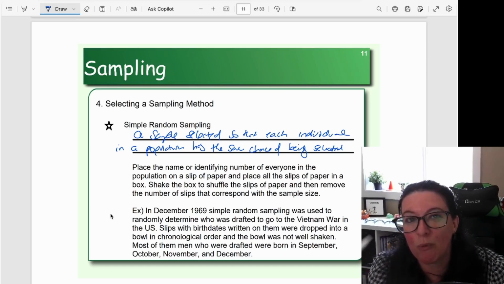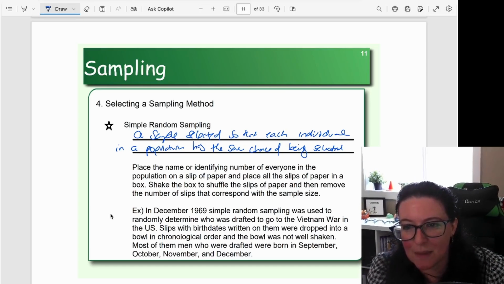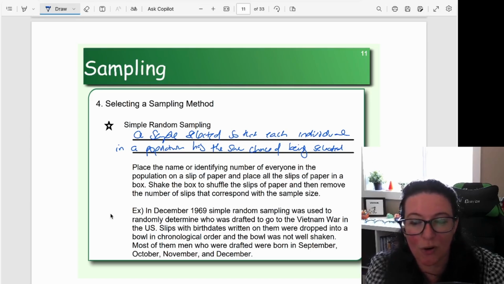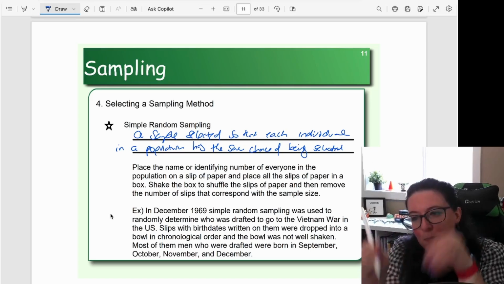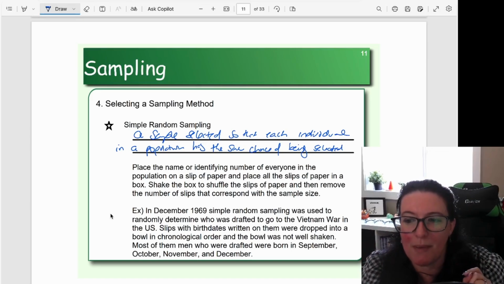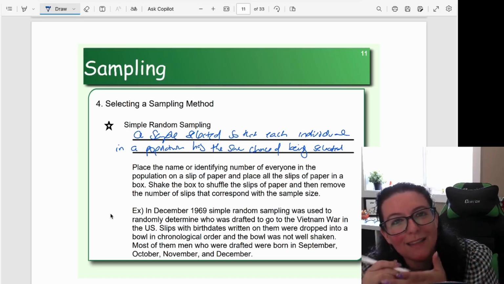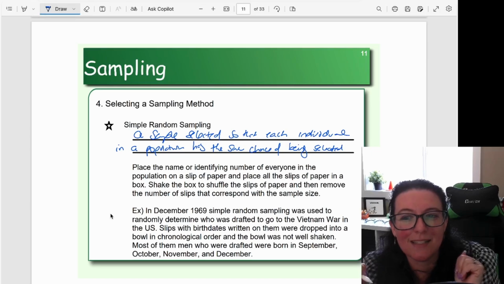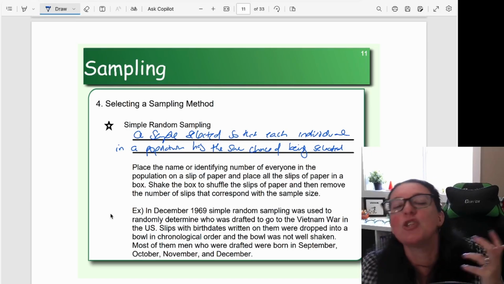The thing is, they wrote up all of the slips in chronological order. So they wrote January 1st and put it into the bowl, and January 2nd and put it into the bowl, and so the top of the bowl is the last days of the year. And then they didn't shake up the bowl.